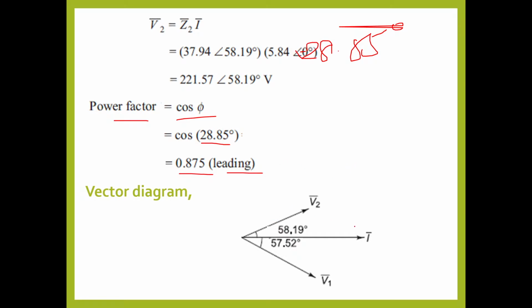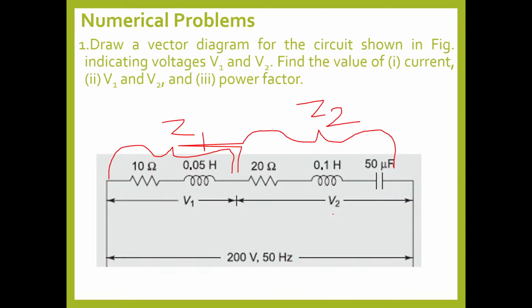You can even draw the phasor diagram. This is I, and V1 is lagging I and V2 is leading I. How is it possible? V1 lags I because it has R and L. V2 has R, L and C, and XC is greater than XL.